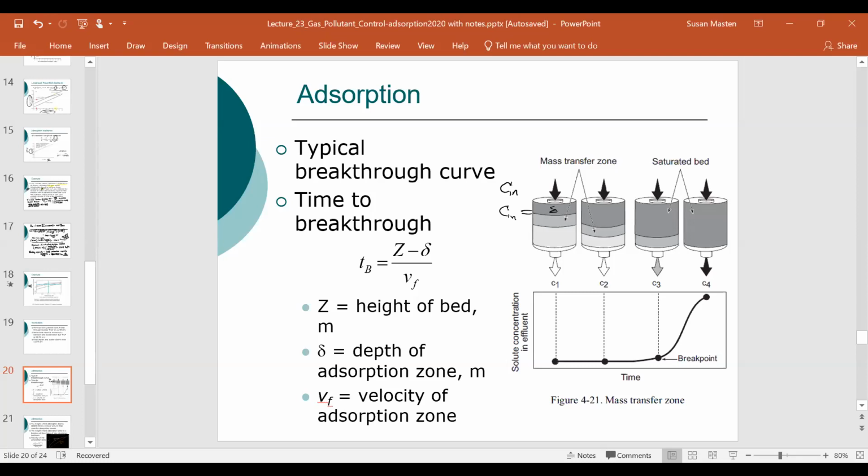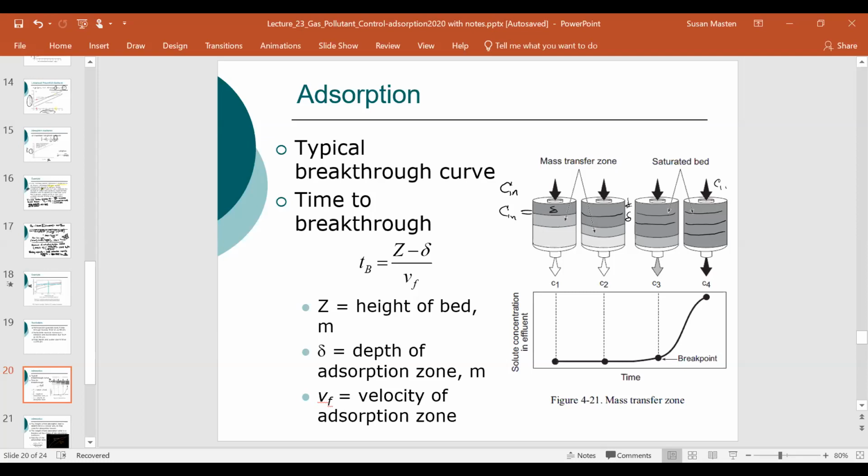And over time, that adsorption zone moves down the column. So here we had one adsorption zone. Here we have a second adsorption zone. Now we essentially have three adsorption zones. And now we have four adsorption zones.